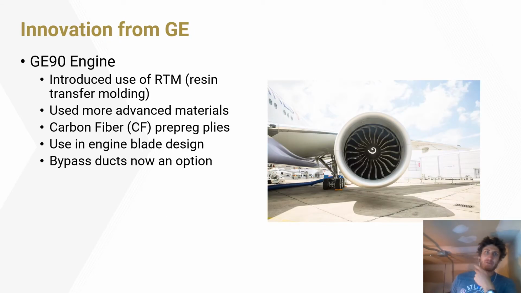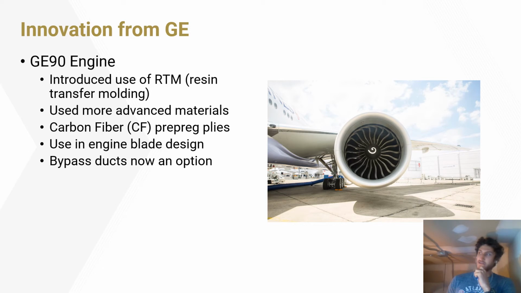So, as I mentioned previously, the innovation from GE in the GE90 engine is one of the major turning points in composite use in the aviation industry across the board. This engine and its engineering introduced resin transfer molding into aviation, introduced a lot more advanced materials, particularly in the composite sphere, into aviation. It is one of the pioneering uses of carbon fiber prepreg plies.